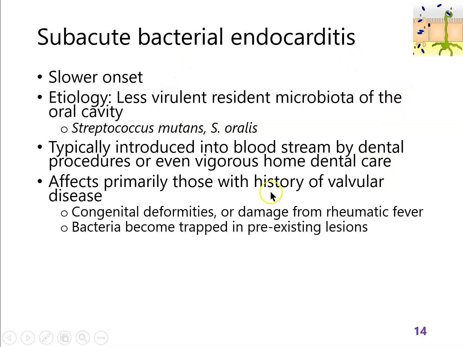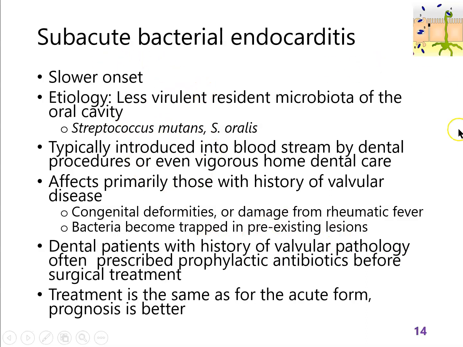But people who have a history of valve diseases, so problems with their heart valves, or if they've had rheumatic fever as a kid, we'll cover this, I think, in lecture 13, they can have damage to the heart lining, and that can predispose them to subacute bacterial endocarditis.